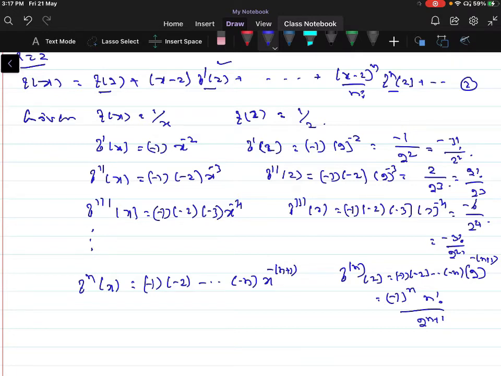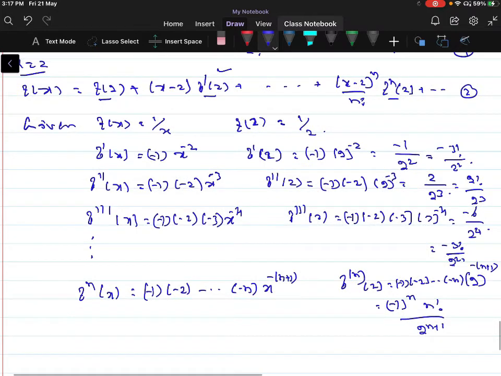Now let us substitute f(2), f'(2), and so on in equation 2.